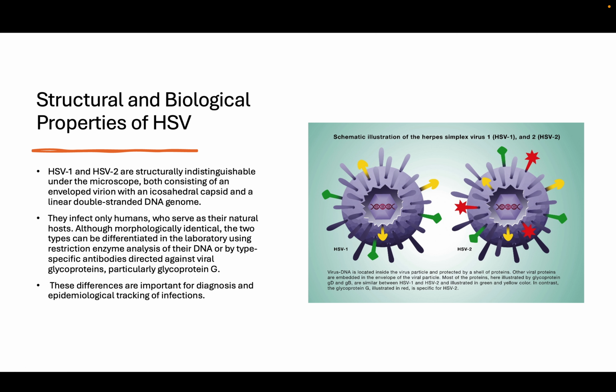So if you have an infection in the mouth that is a herpes virus, it's very hard to see under the microscope if it's type 1 or 2. What you would do is use specific antibodies that can distinguish them, or use PCR to say whether it is type 1 or type 2.